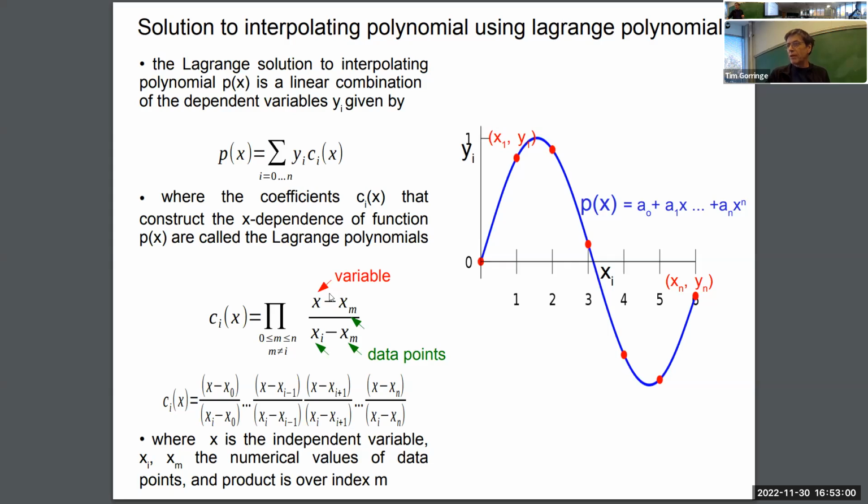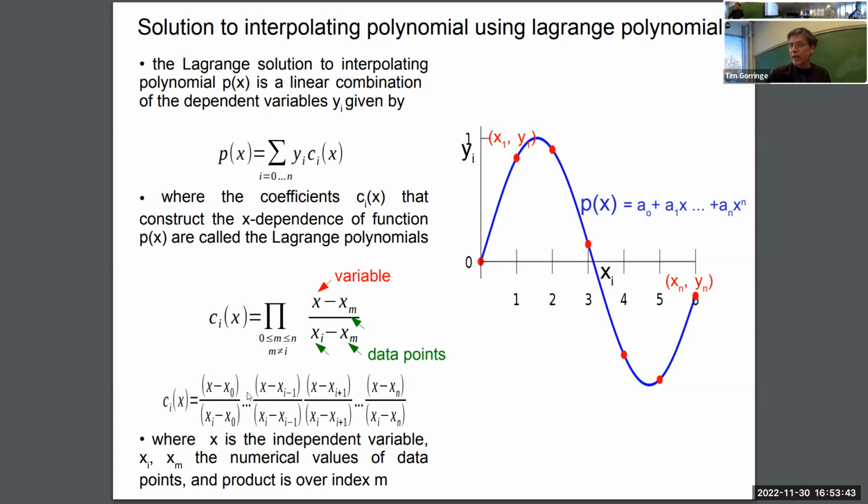And here's an important point. This x here in the top left is a variable, the independent variable. Whereas the x's with the subscripts, the xi and the xm, are the values of your data points. They're the x values of the data points. So they'll be entered as numbers, whereas x is a variable, and it corresponds to these ci's being Lagrange polynomials that are functions of x.